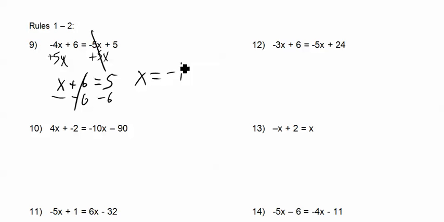Alright, so let's take a look at number 10. So we need to get all the x's on one side. So we add 10x to both sides. We're left with 14x plus negative 2 or minus 2 equals negative 90.